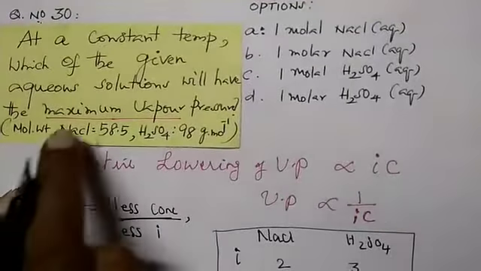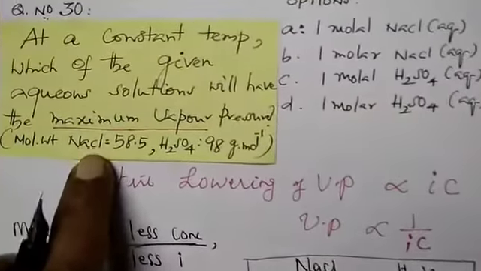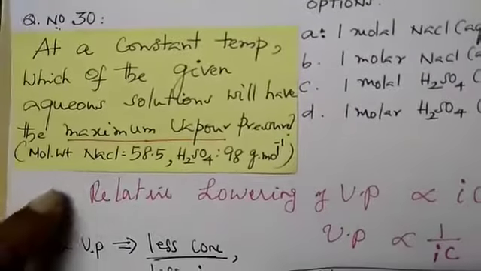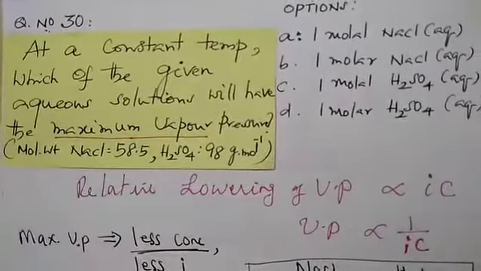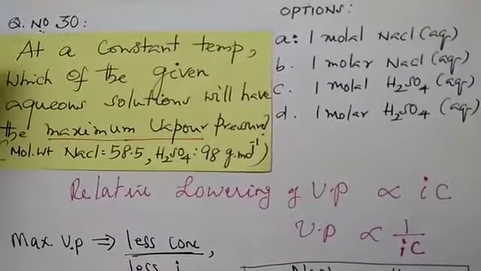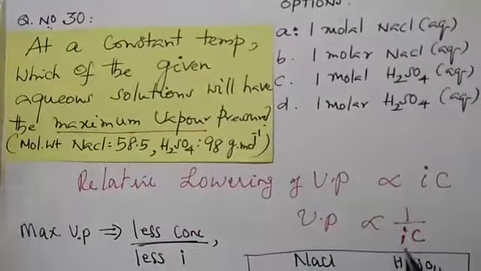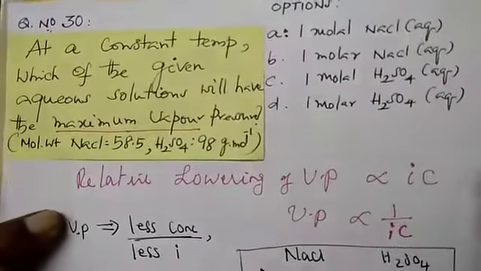At a constant temperature, which of the given aqueous solutions will have the maximum vapor pressure? The molecular weights of sodium chloride and sulfuric acid are given. Before going to that, what are the options?